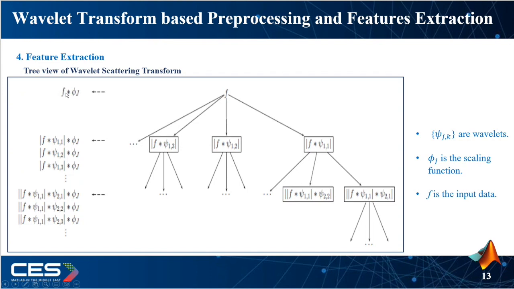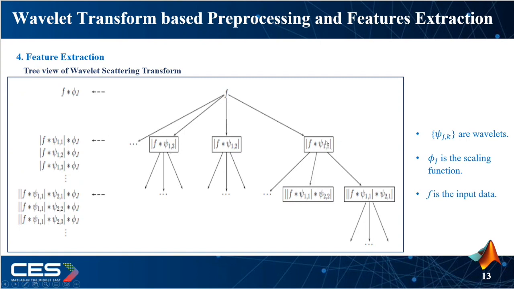When we convolve a signal with a low-pass filter, it's a convolution in the time domain, but in the frequency domain it's just a normal multiplication. So we convolve the signal with a low-pass filter so that we average it, and this becomes the input of the next layer.